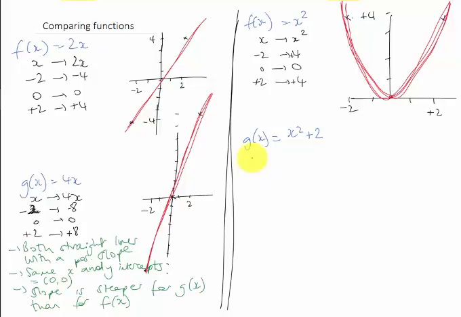Okay. Whereas for this g function, here, if we've got minus 2, that gives us plus 4, plus 2, so that gives us plus 6. 0 gives us 0 plus 2, and plus 2 also gives us 4 plus 2, which is 6.